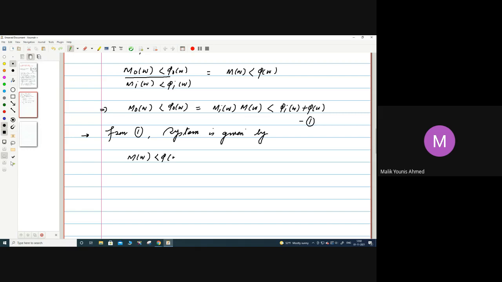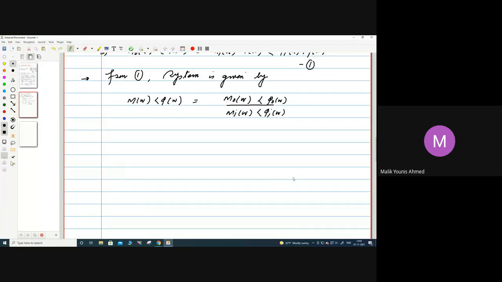I will repeat the above equation: it will be equal to M naught of omega at an angle of phi naught of omega, divided by M i of omega at an angle of phi i of omega. Now out of this equation I am going to take the magnitude and angle separately. So M of omega can be represented as magnitude only, M naught of omega divided by M input of omega. Let's call it equation number 2.